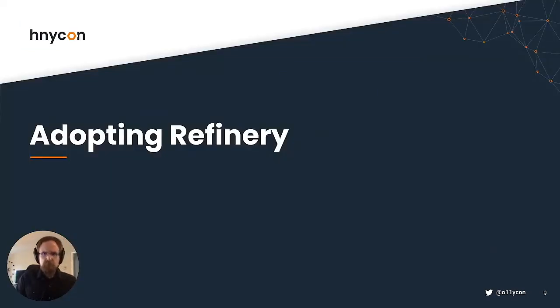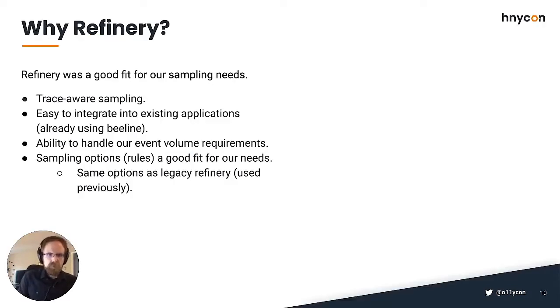So given that we need to sample, how do we sample? And why should we use Refinery? Refinery was a good fit for our sampling needs for a few reasons. It does trace-aware sampling, which means that a sampling decision will apply to every event within a trace and not just to individual events.